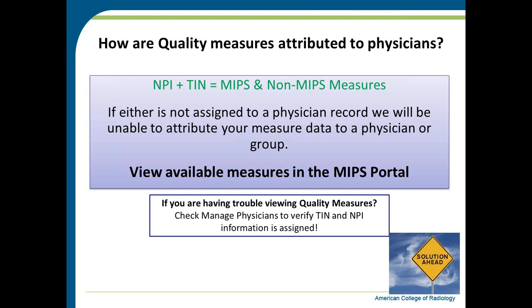Very important, we understand that groups do have multiple tax ID numbers. Please be sure that all of those numbers are accounted for in your Managed Physician tab. So there are solutions ahead. If you are experiencing problems with your portal or seeing your measures, we are here to provide assistance. We have written material to help guide you through this process.